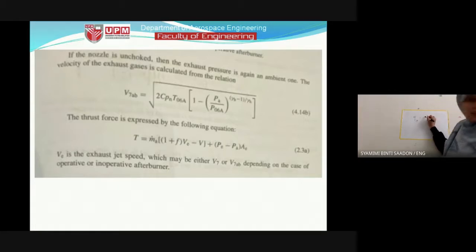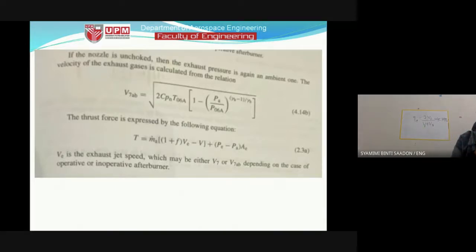Propulsive efficiency, 2V over V plus V7. This is VF, this is V7. So 2VF, the air speed, over VF plus V7 exit. So we have 45.79%. VF is 310, and this one is 1044 just now. So the propulsive efficiency is 45.79%.